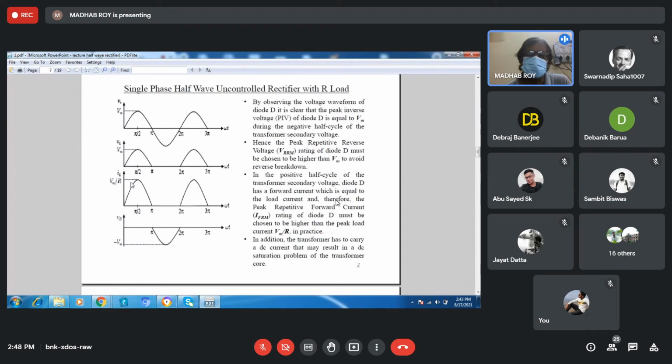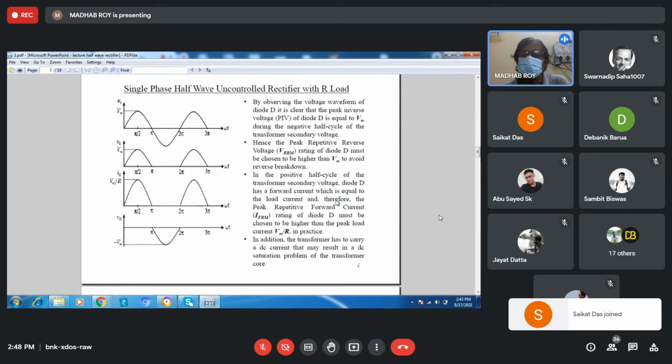This is not a straight DC, it is a pulsating DC. So pulsating DC can be composed of an average DC as well as various harmonics. Okay, so that can be done.